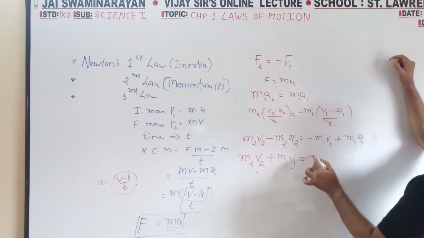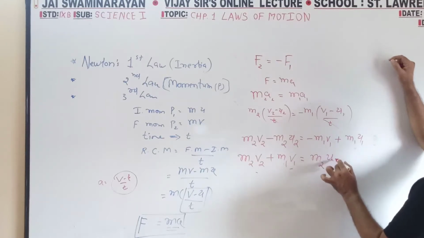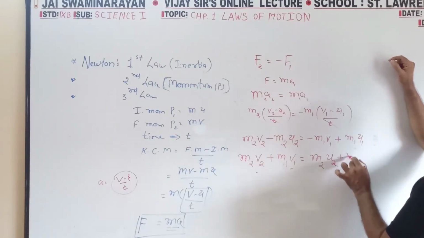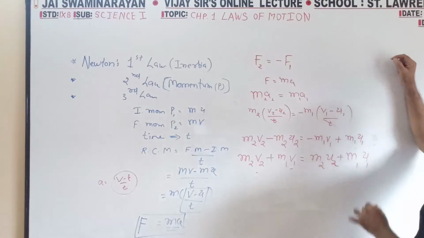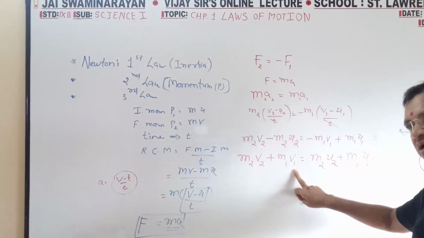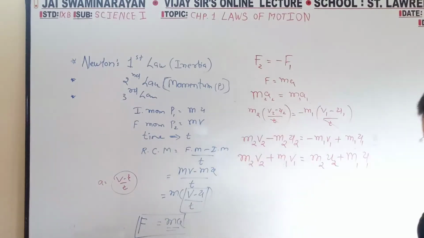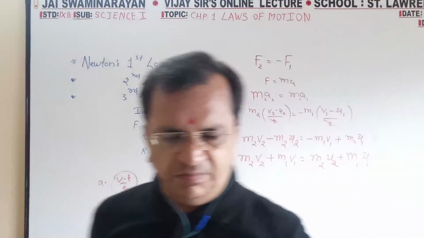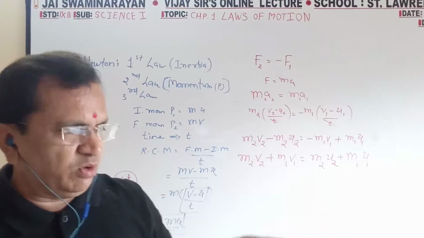Now on this side come m2u2 and m1u1. So the total momentum after collision is exactly equal to the total momentum before collision.